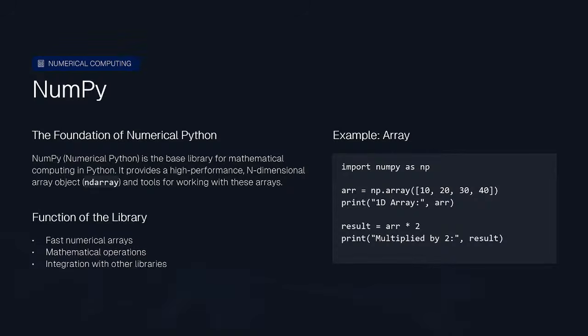It provides high dimensional arrays to us, and we can perform mathematical operations on those arrays. Like here, there's an example. Let's open Colab and see how this example runs.